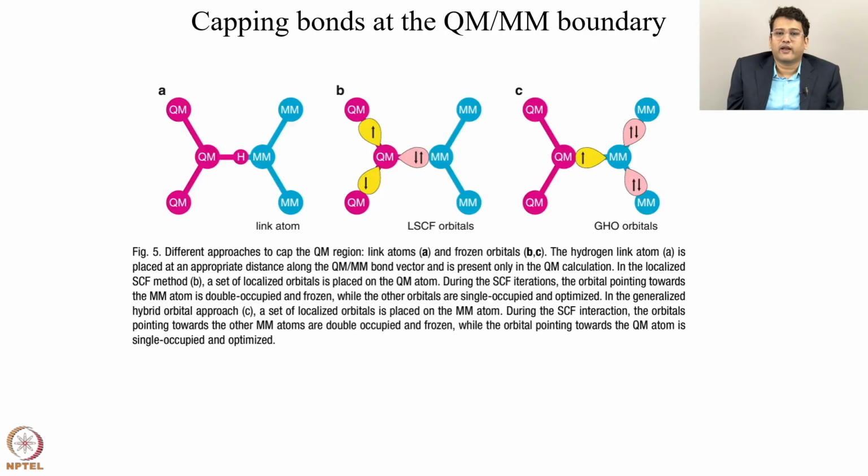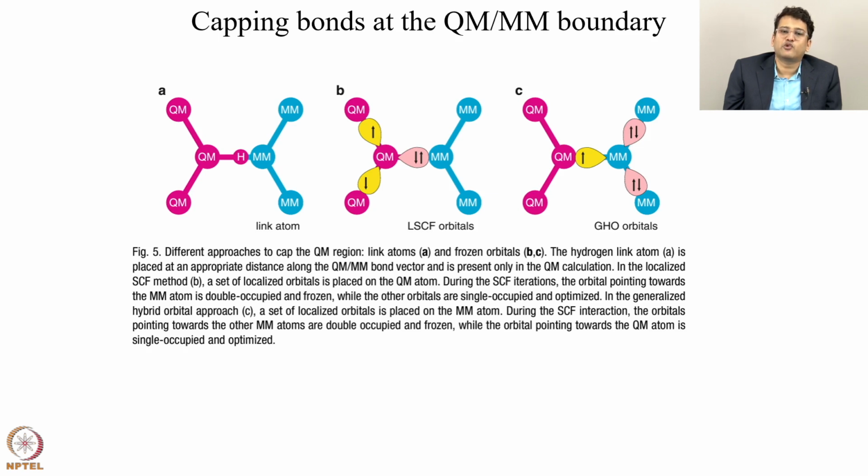Now, how do I cap the bond? We were discussing link atoms. In a QM/MM calculation, what may sometimes happen is that the boundary between the QM and the MM region goes through a bond, and while choosing the QM region we have to always make sure that the boundary only goes through a single bond.